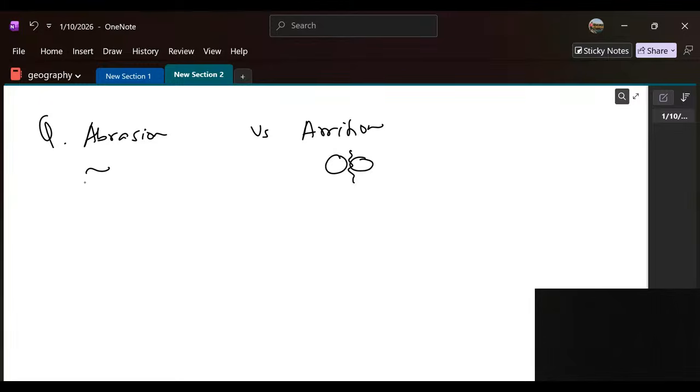Abrasion means when wind or water works on the stone. In that case, we call it abrasion. Attrition means it's just a rusting, crusting thing. Abrasion examples: ventifact, pedestal rock or mushroom rock.